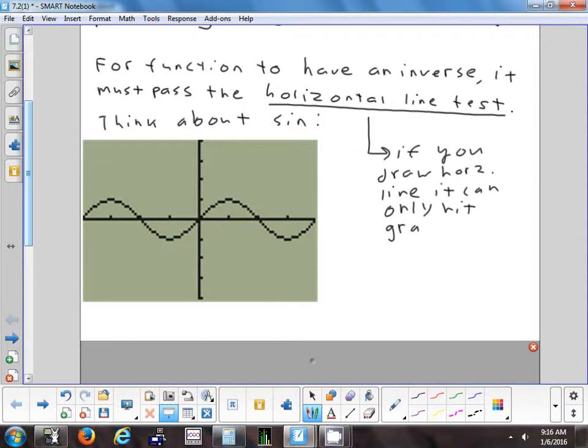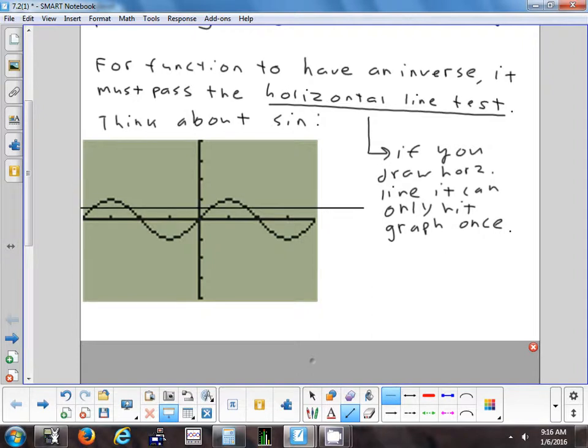You can put the horizontal line anywhere you want. If I put a horizontal line in that picture, will it hit my graph only once? Yeah, it's going to hit it infinitely many times. So if I put a horizontal line there, it's hitting it more than once. That means that this function itself does not have an inverse.